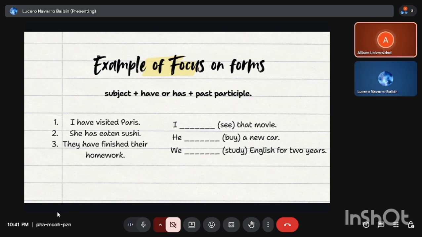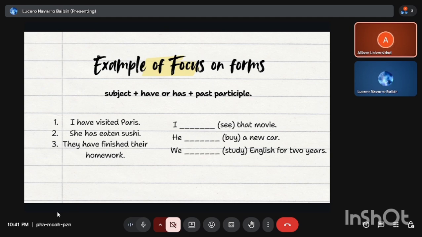Very good. Next one. He blink buy a new car. He has bought a new car. Perfect. You are using has with he. Great job. And one more. We blink study English for 2 years. We have studied English for 2 years. Correct. You've got the structure. Notice how we use have with we.